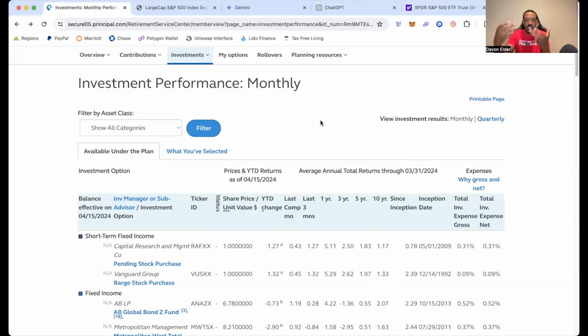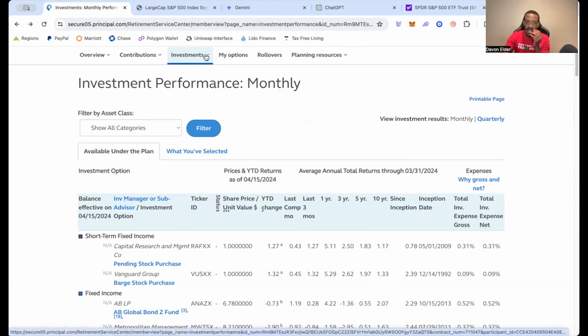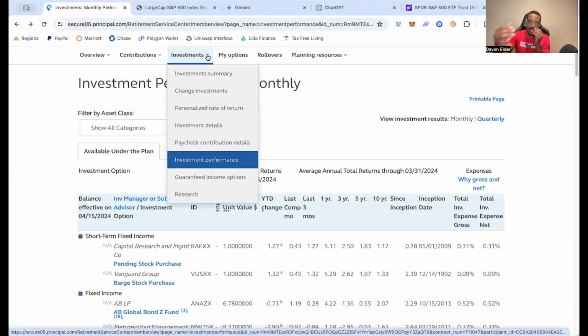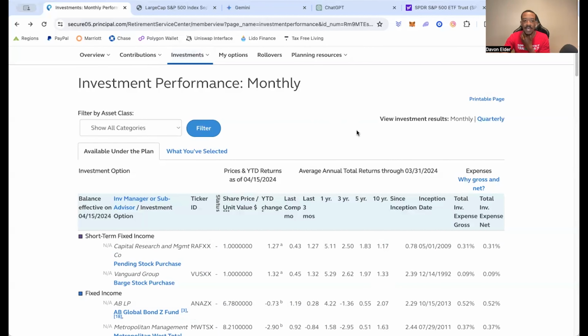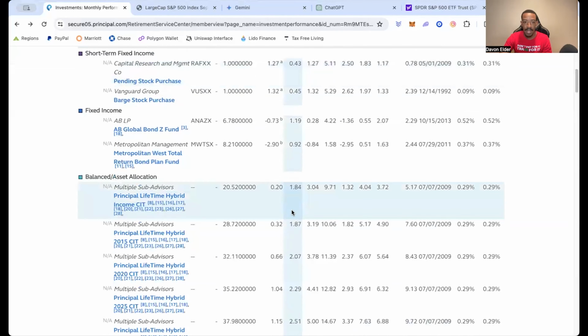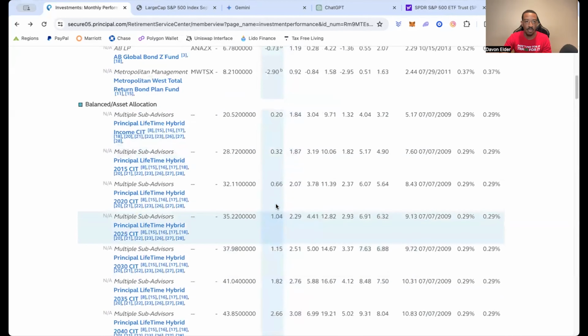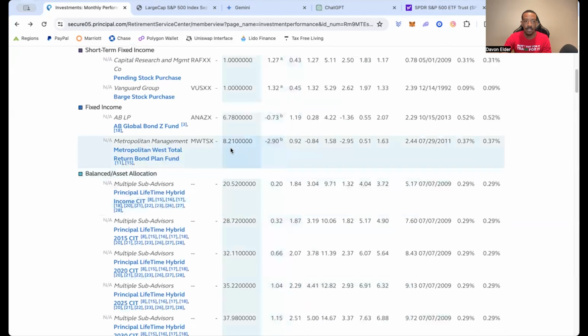So for this particular situation, what I do is I log into my account, I click on my plan, and then I have my investments up here at the top, and I click on investment performance. Now, investment performance provides all of the particular mutual funds that I actually have access to. And I want you all to scroll down and look at the particular options that you have.